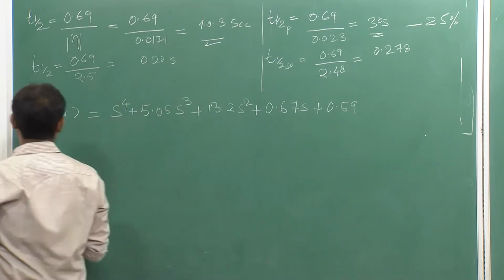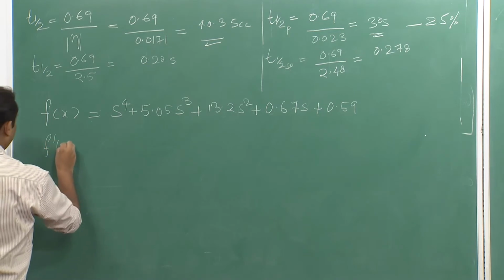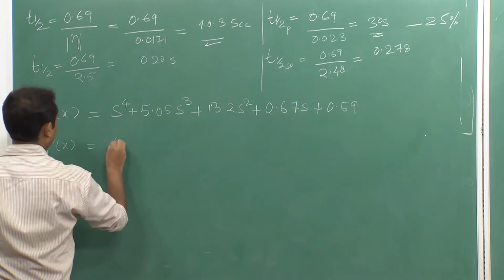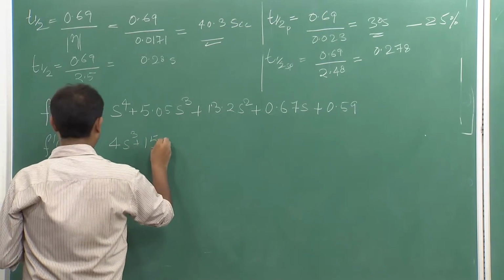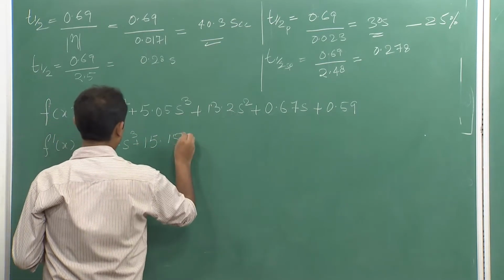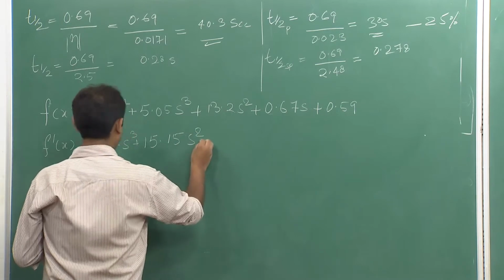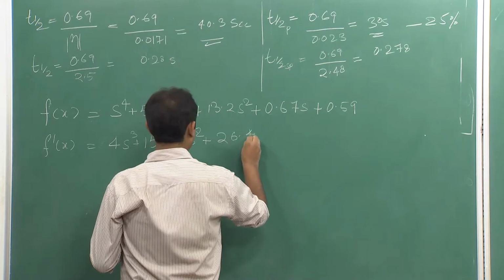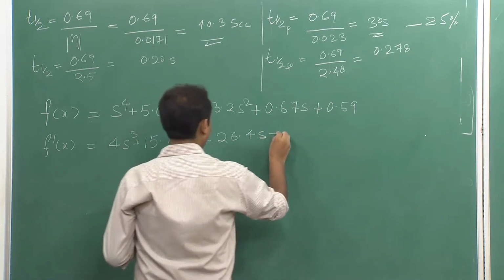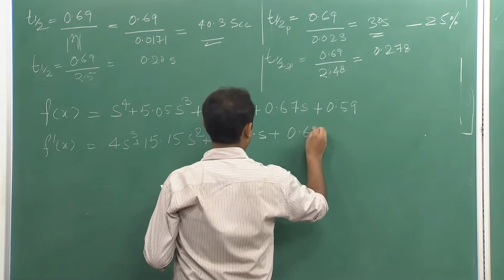Now, the differentiation, f'(x), will be 4 s^3 plus 15.15 s^2 plus 26.4 s plus 0.67.